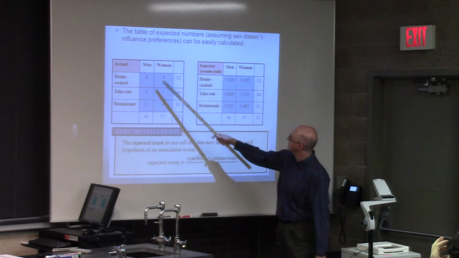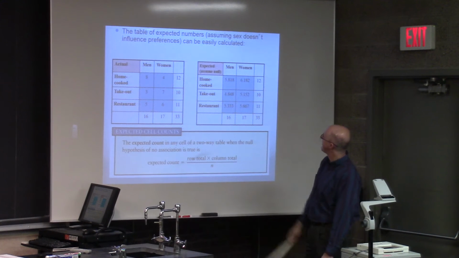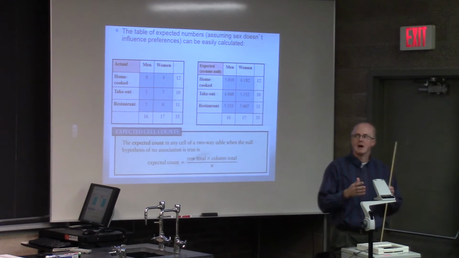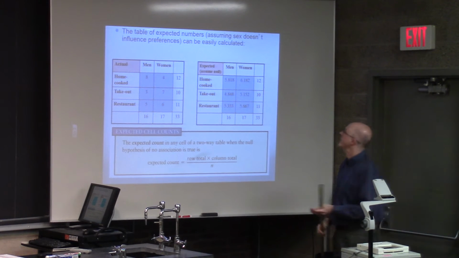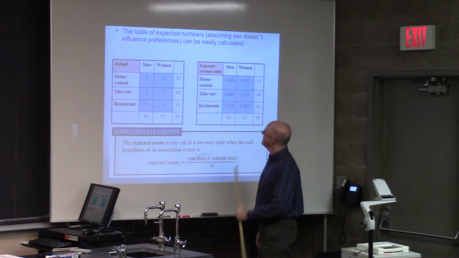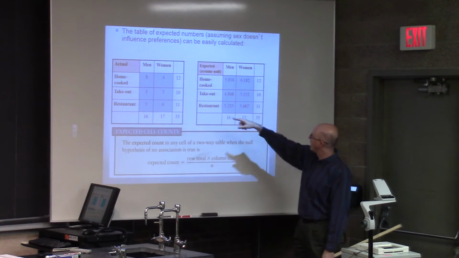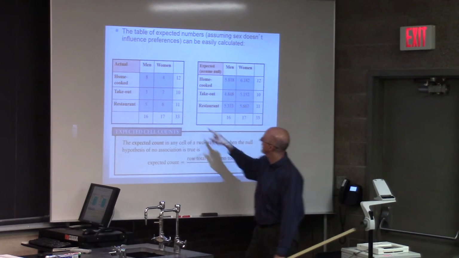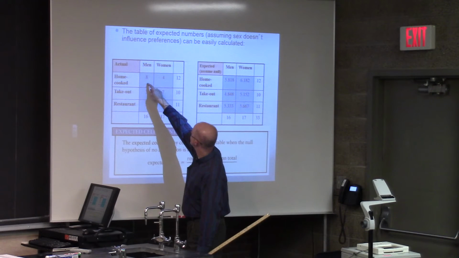You have to take the information in this table and compute a new table that are called expected numbers, where you assume the null is true, you assume there's no relationship, that men and women want the same type of meals overall. How do you do that? What's the method? Well, there's a formula to find these expected counts here. Take these row totals, for example, the 16, times the corresponding column total for a particular cell, like this cell. 16 times 12, those two totals, 16 and 12, go with that particular cell.